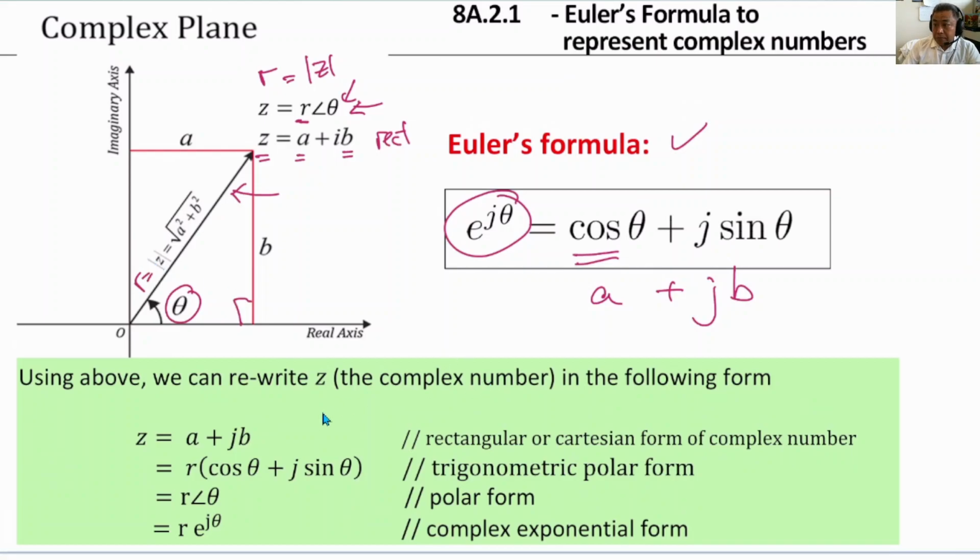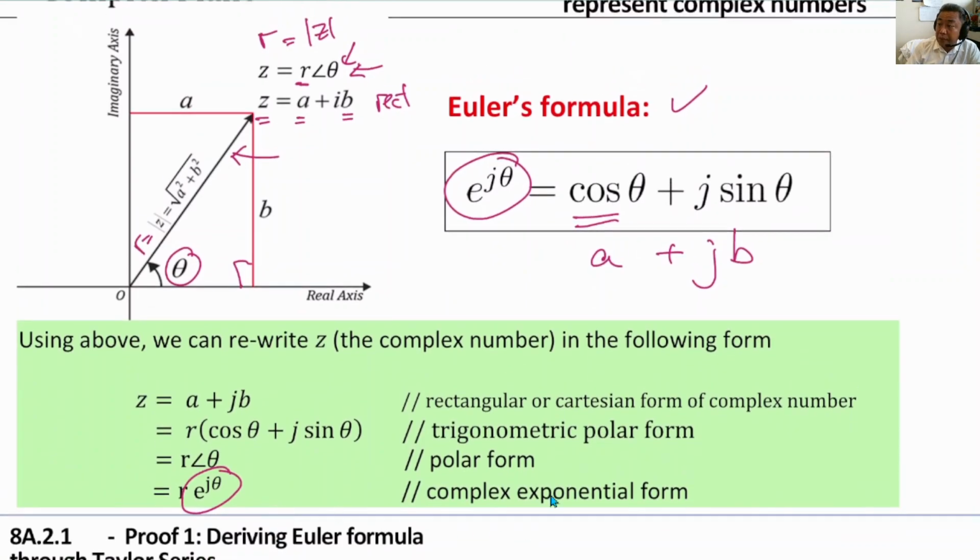Now, once we have this, if we use Euler's formula to say that e to the j theta equals cos theta plus j sine theta, then finally we can write the complex number in the third form, which is what's showing now, which is the modulus times cosine theta plus j sine theta, because isn't cosine theta plus j sine theta exactly what e to the j theta is by Euler's formula?